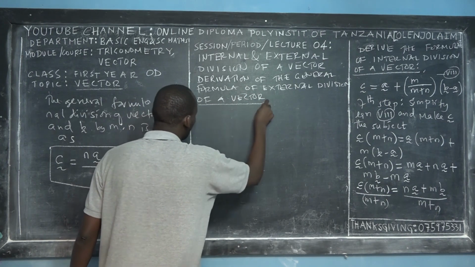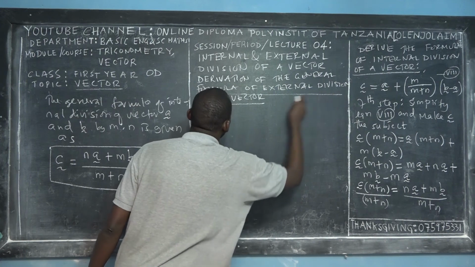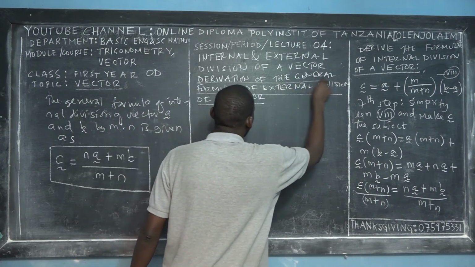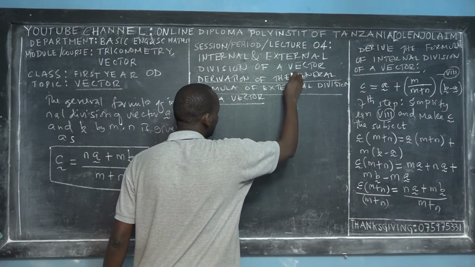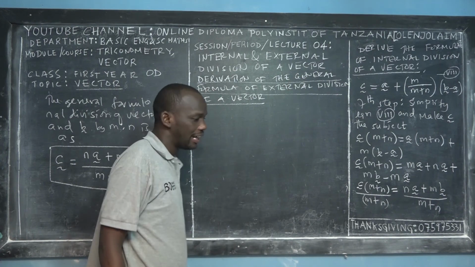So if we divide a vector externally, how can we derive the general formula? That's the responsibility that we have.